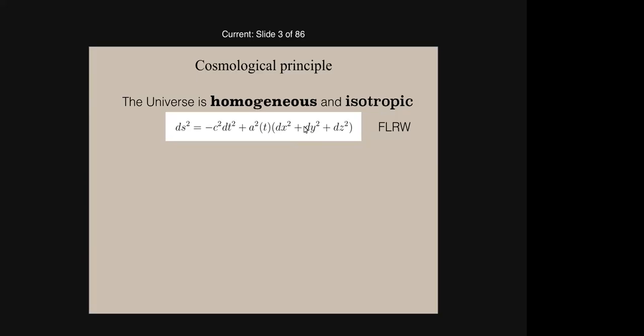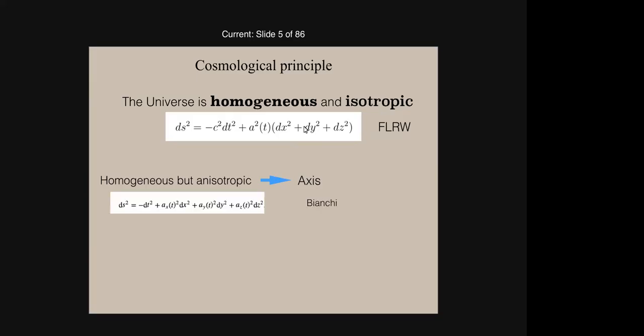But the universe doesn't have to be both. It can be, for example, homogeneous but not isotropic, and in that case you will have a preferred axis. Examples of such universes are the Bianchi universes, Bianchi metrics. It could be the inverse, that is, it could be inhomogeneous but isotropic.